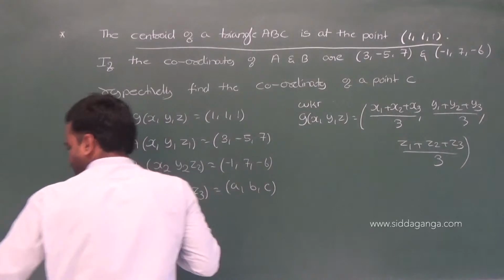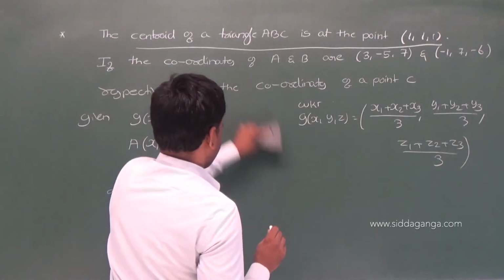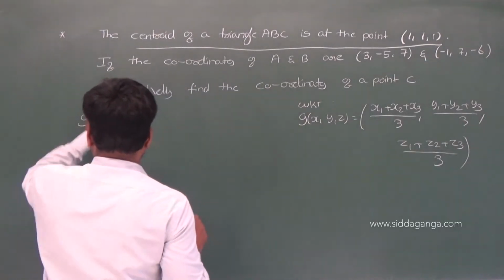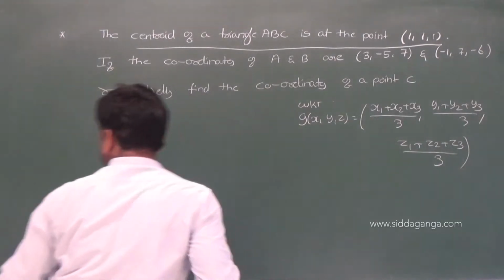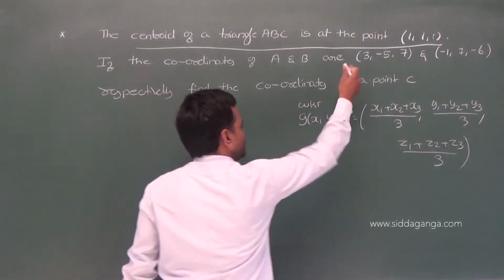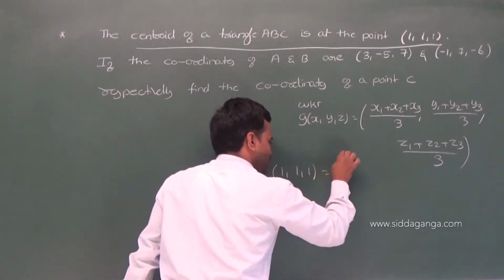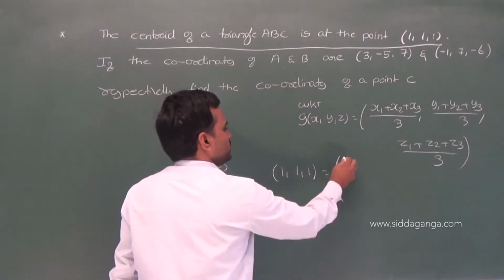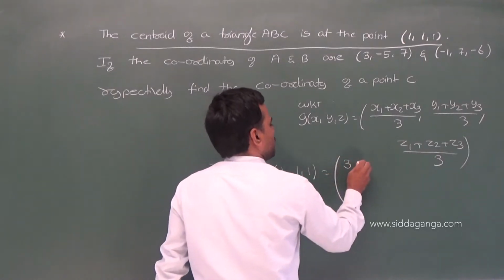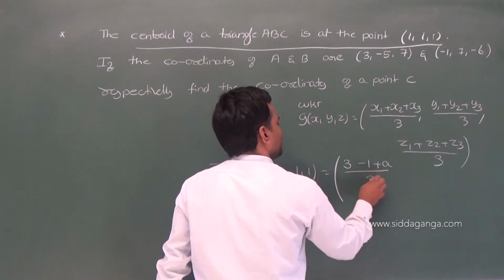That implies G of x, y, z, which is 1, 1, 1, is equal to 3 plus (-1) plus a divided by 3.